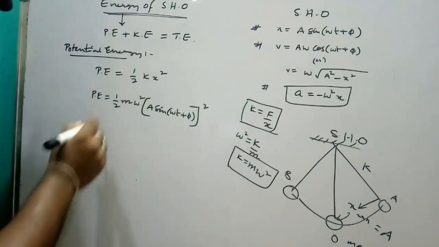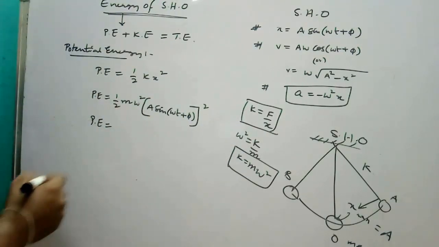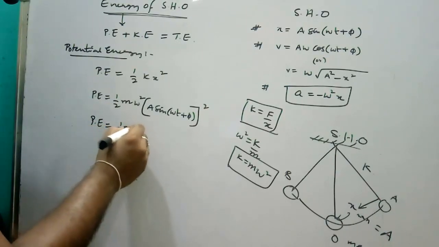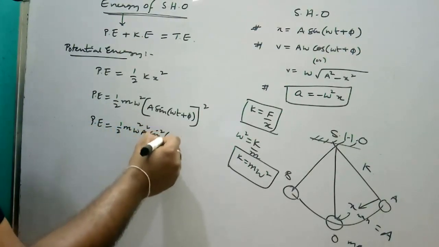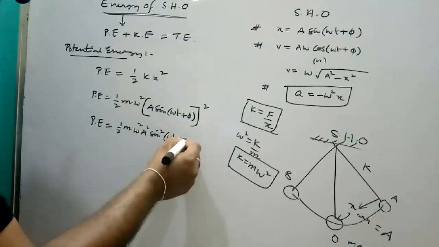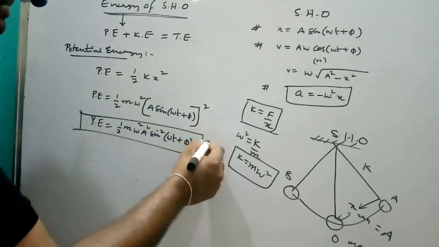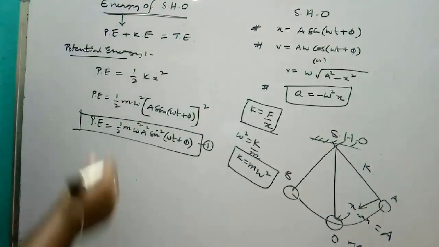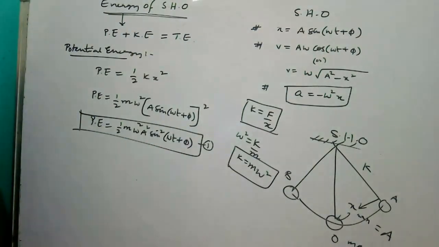Squaring this, the potential energy of the simple harmonic oscillator is half m omega square a square sine square of omega t plus phi. Let this be equation number 1, which belongs to the potential energy.